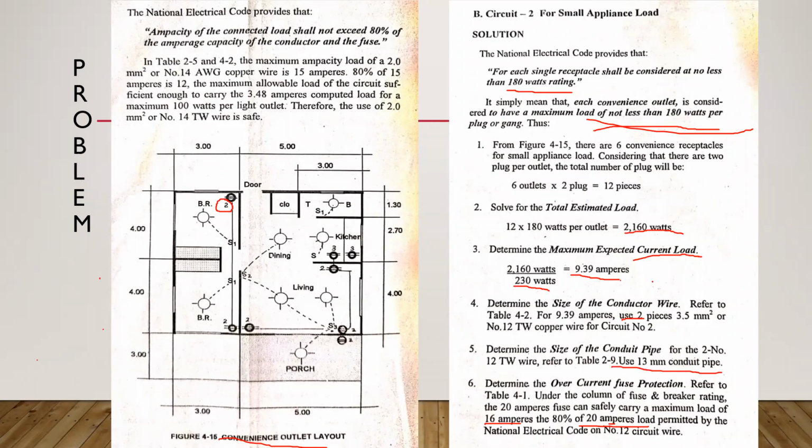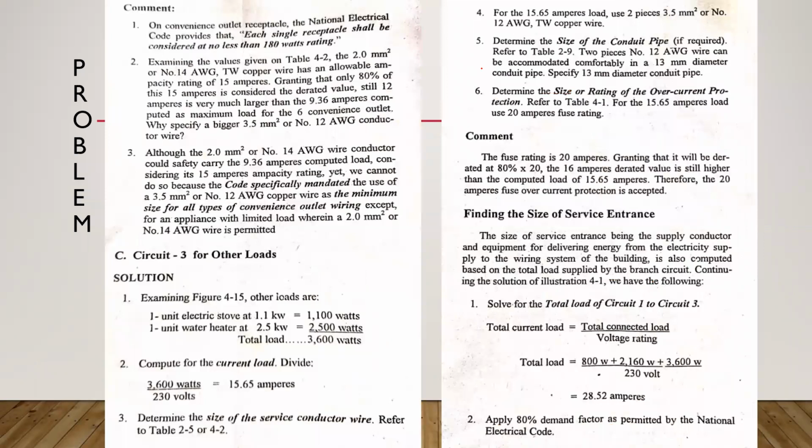Okay? So next, yung ating comments from NEC. On convenience outlet receptacle, the NEC provides that each single receptacle shall be considered at no less than 180 watts rating. Number 2, examining the values na na-compute natin.